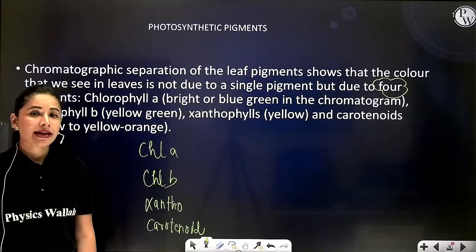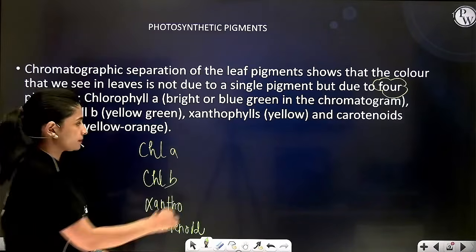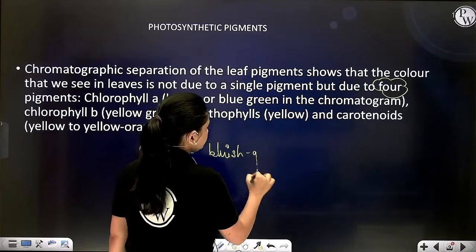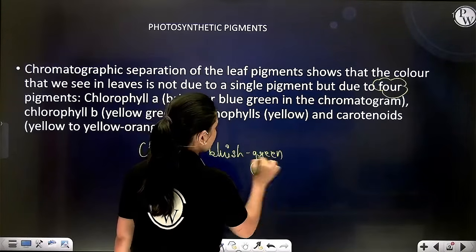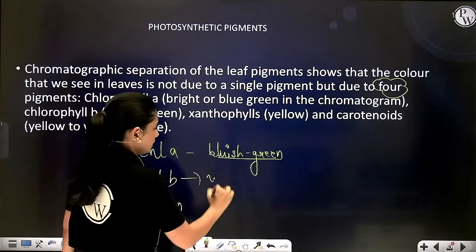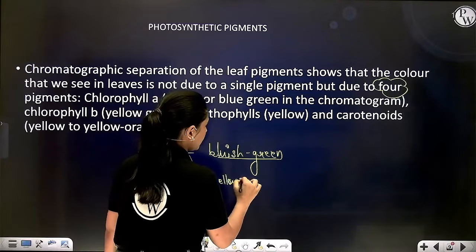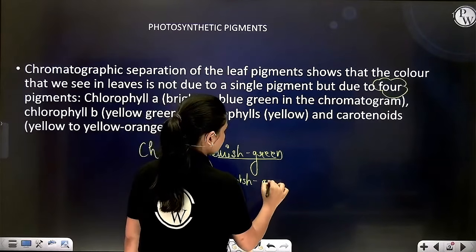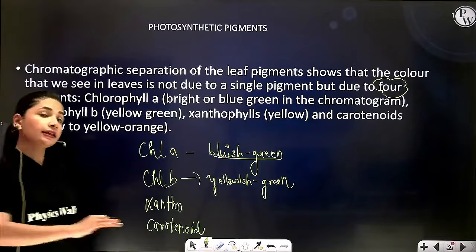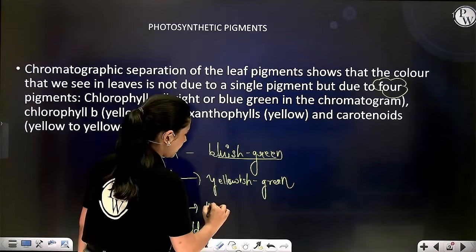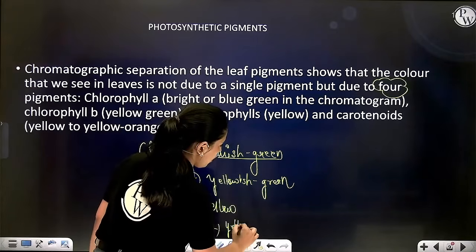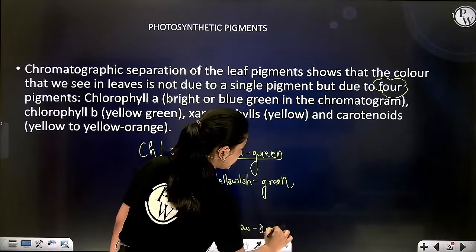Chlorophyll A is bluish green in color, whereas chlorophyll B is yellowish green in color. If I talk about xanthophyll, then they are purely yellow in color, and carotenoids are yellow-orangish in color.